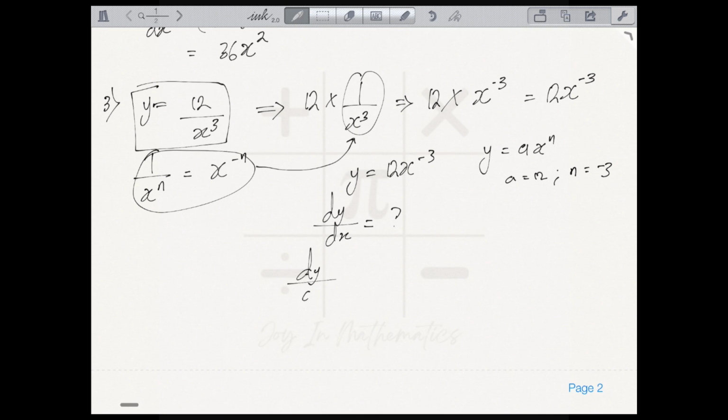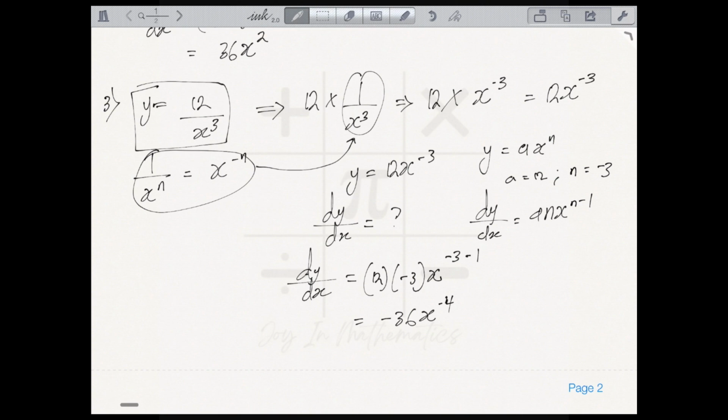Therefore, our dy/dx has the answer of a n x raised to power n minus 1. So that's to give us 12 multiplied by minus 3 multiplied by x to the power minus 3 minus 1. And this will give us minus 36x raised to power minus 4.